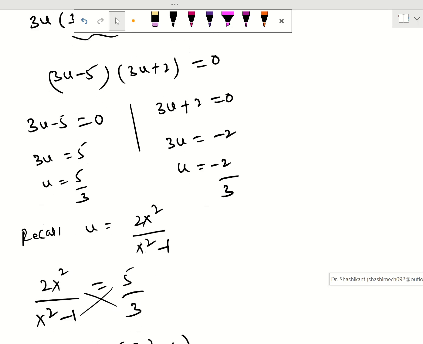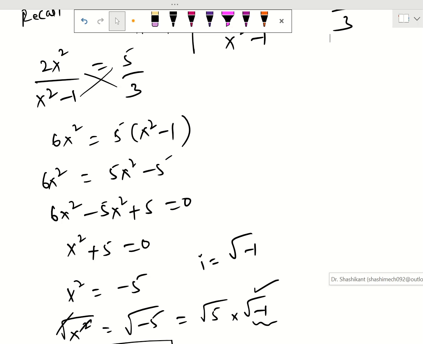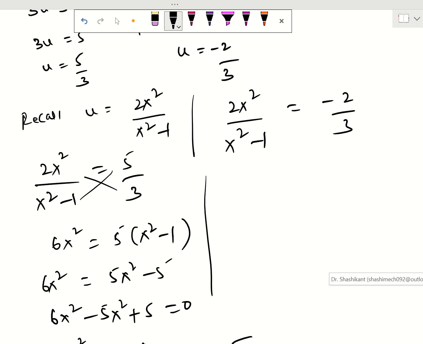Now solving the second case, if we put the value of u, that is 2x²/(x² − 1) = −2/3, okay. Here 3 into 2 is 6x², and on the right minus 2 into (x² − 1), right?